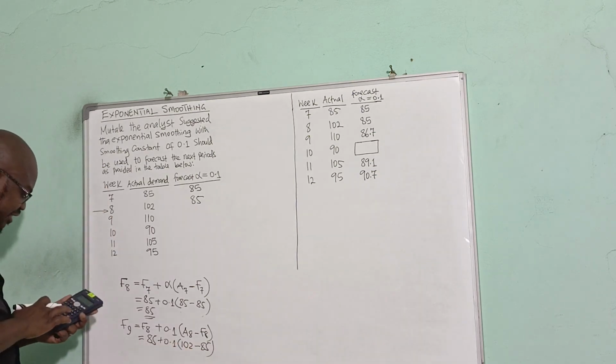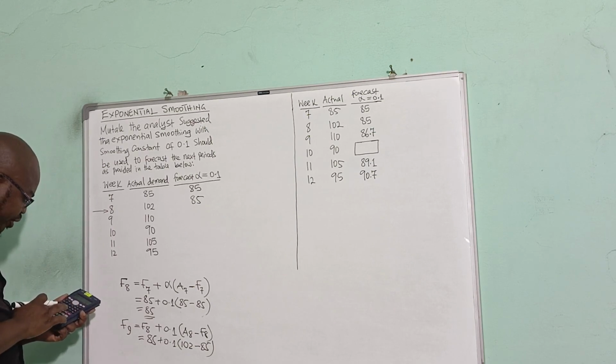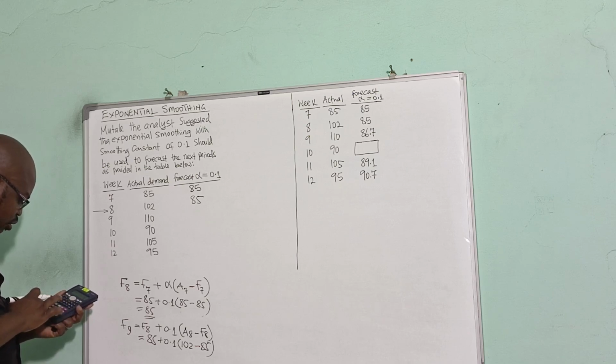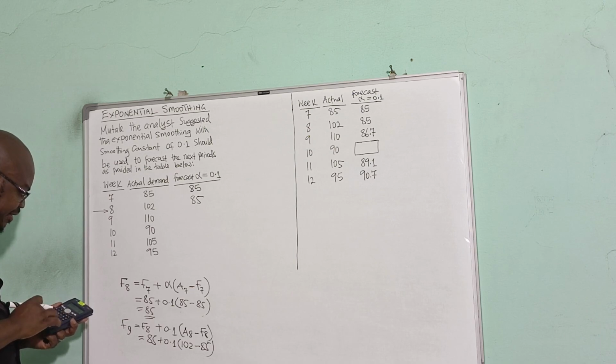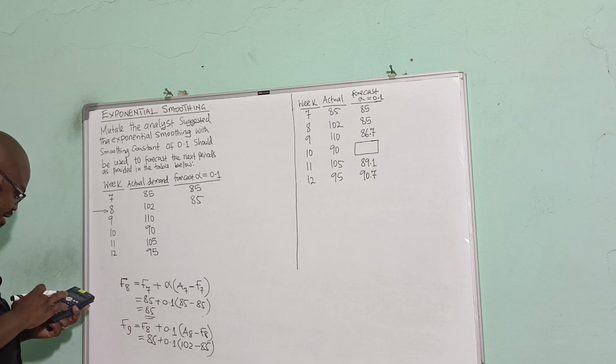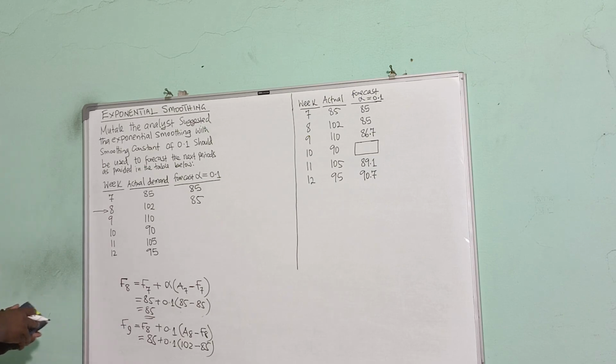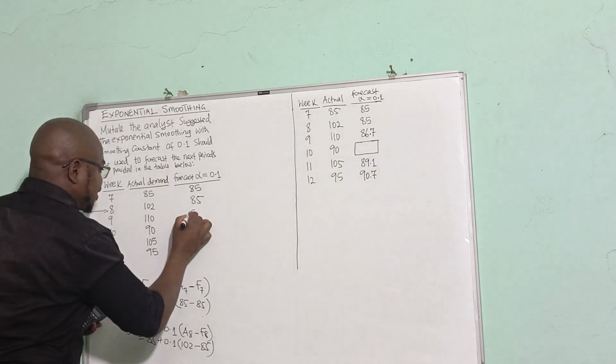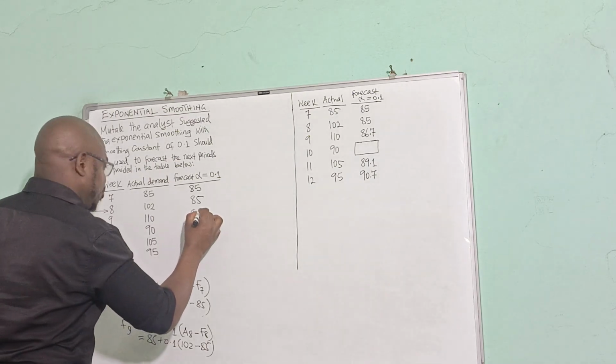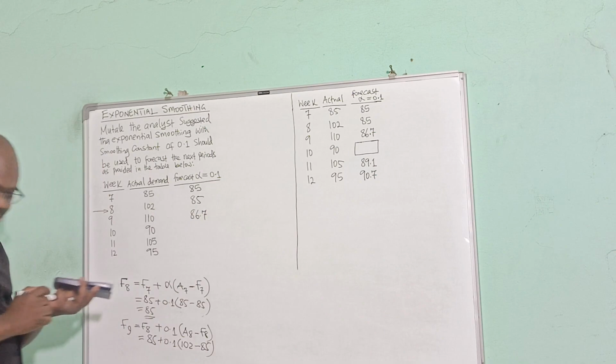Punching it in: 85 plus 0.1, open brackets, 102 minus 85, and then I have 86.7. So I have 86.7 as the forecast.